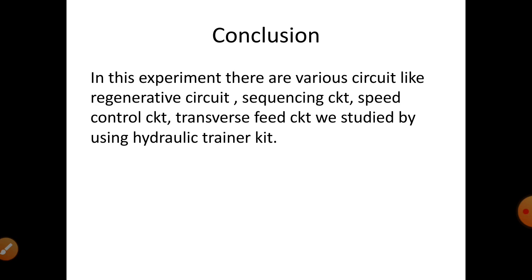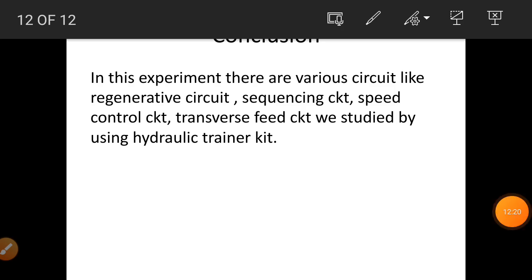So this is the conclusion of this experiment. We analyzed the regenerative circuit, sequencing circuit, speed control circuit, and traverse feed circuit. We studied and analyzed them using the hydraulic trainer kit. Okay, thank you.